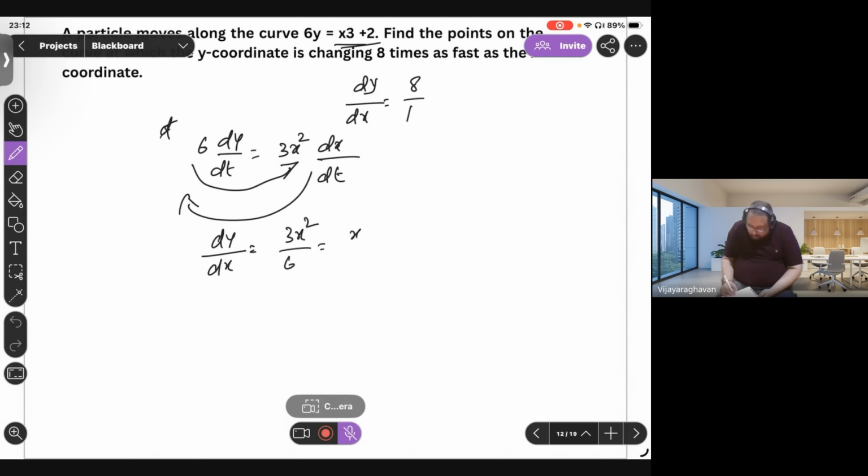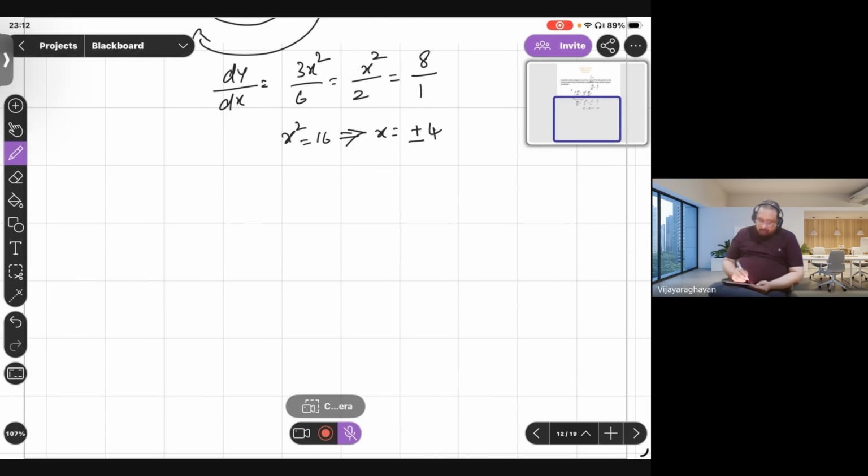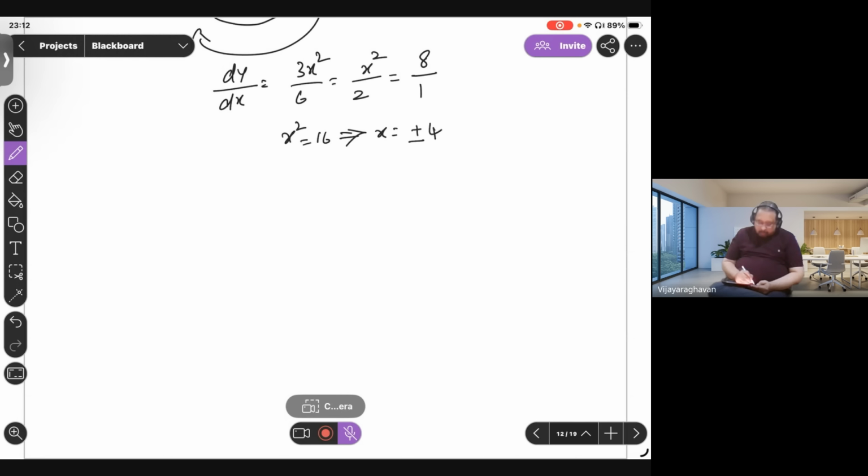This equals x square over 2, which should be equal to 8 over 1. So we have x square equals 16. This implies x equals plus or minus 4.